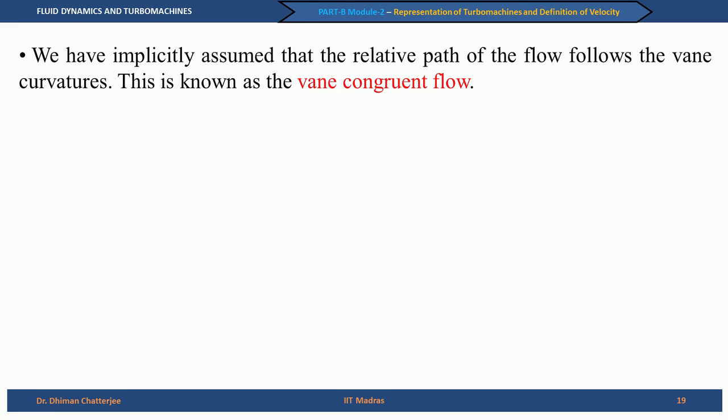In these animations, in these cartoons, we have implicitly assumed that the relative path of the flow follows the vane curvatures. This is known as vane congruent flow. In reality, of course, there could be deviations from the vane curvature path, but we will take it up in a later part of the lecture.